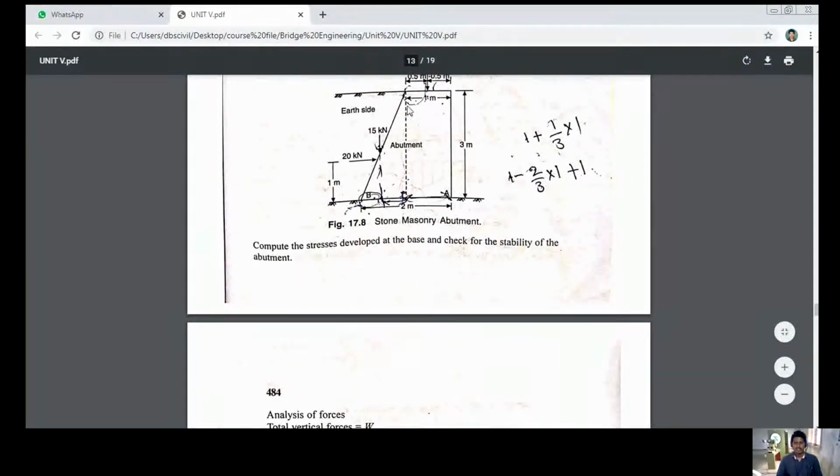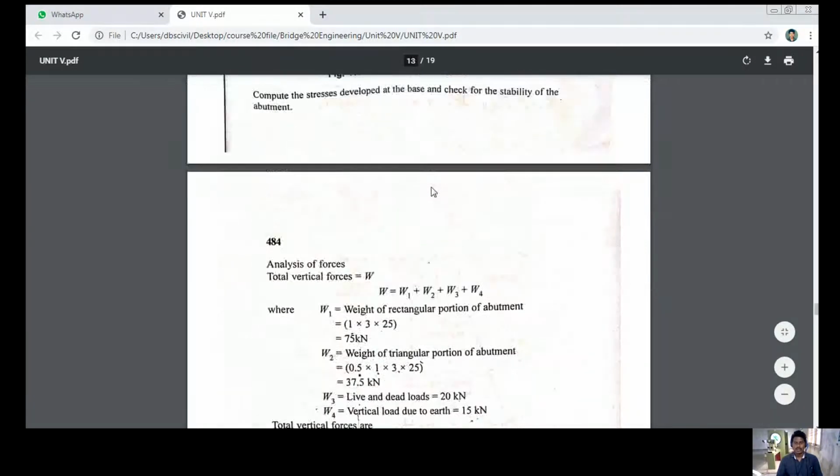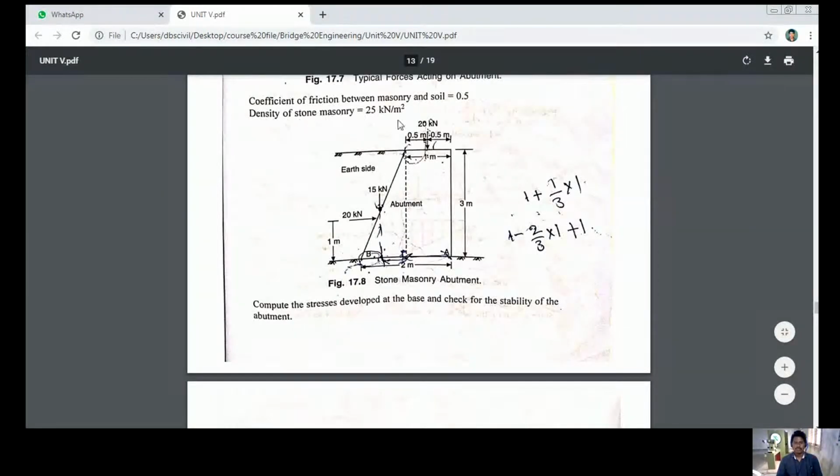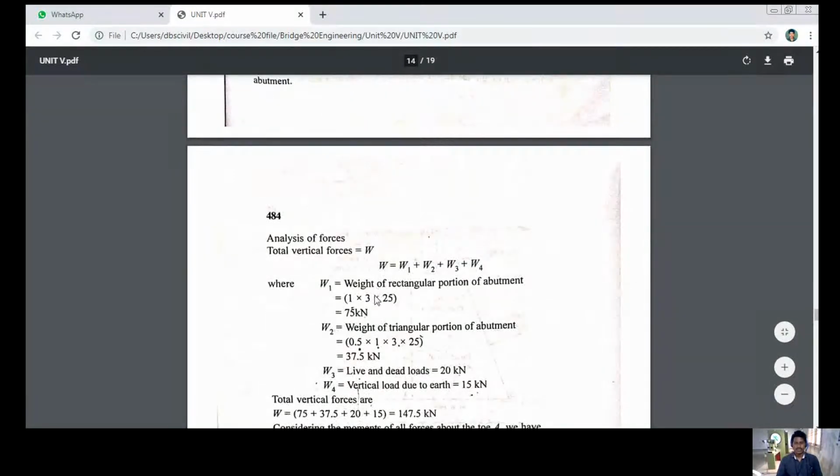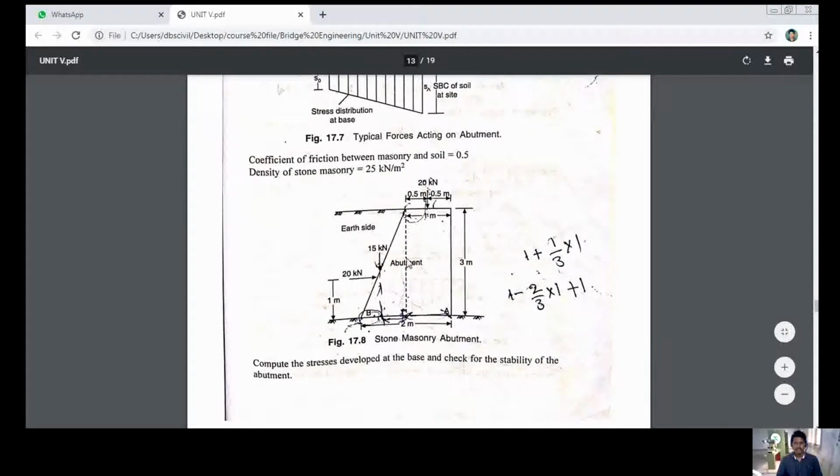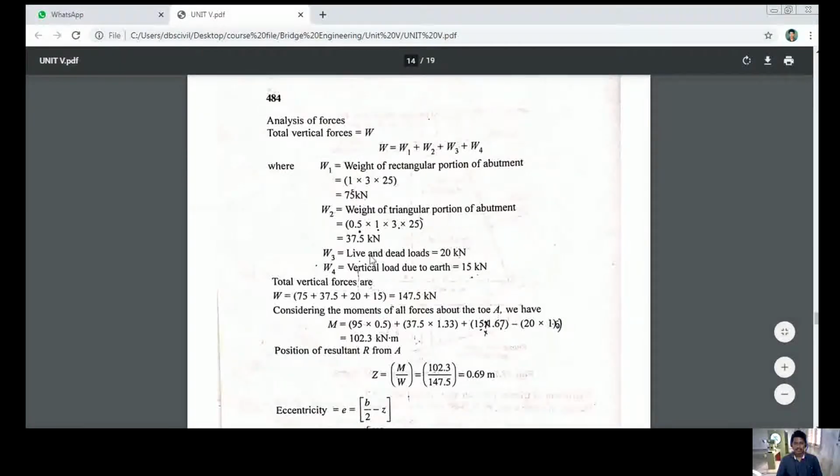It is 1 meter width, 3 meter height, and the density of stone masonry is 25 kilonewton per meter cube. That's what they have done here, and W1 is finally 75 kilonewton.